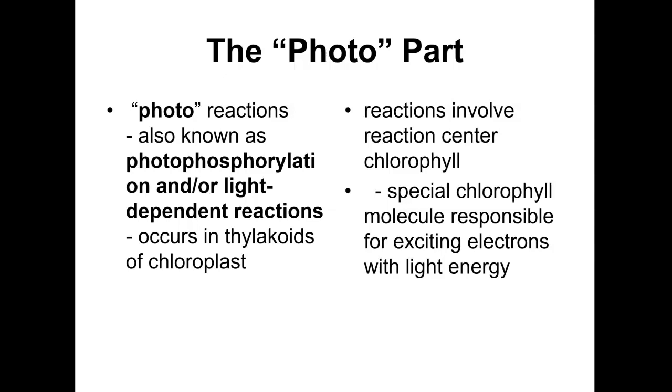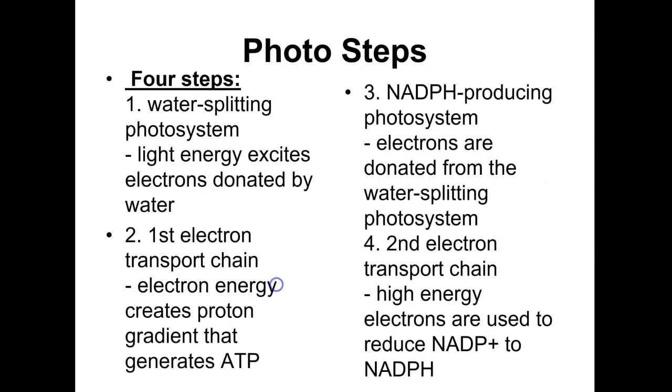The reactions are going to involve the reaction center of the chlorophyll. Special chlorophyll molecules are going to be responsible for exciting electrons with light energy. There are 4 steps to how this is going to happen. First, the water splitting photosystem: the light energy is going to excite electrons donated by water. The first electron transport chain is going to have electron energy creating proton gradients that generate ATP molecules.